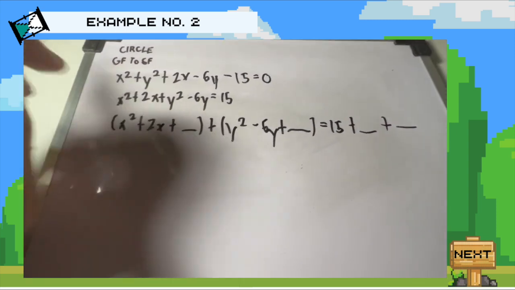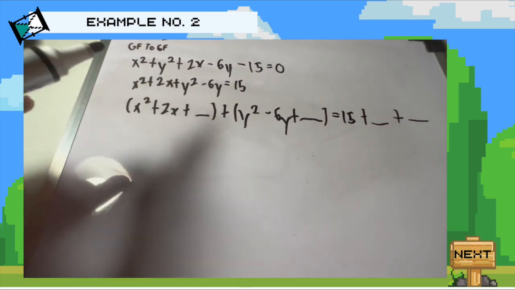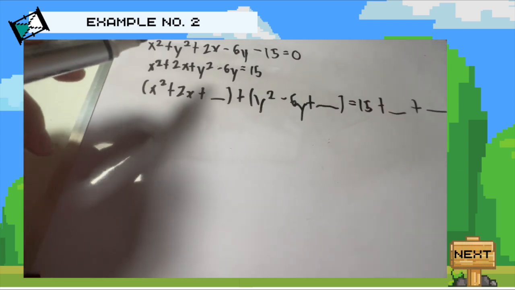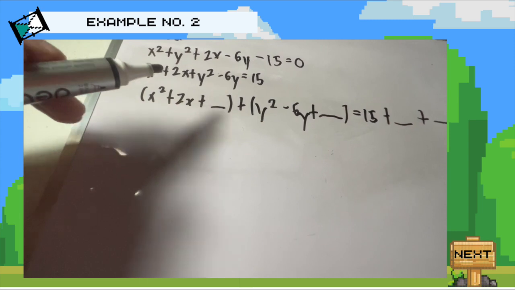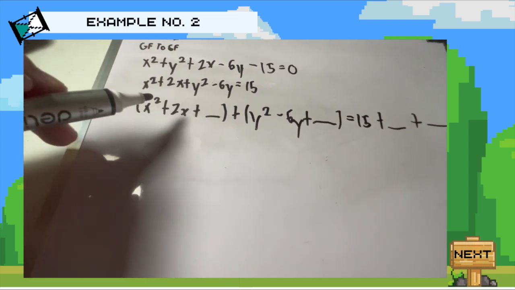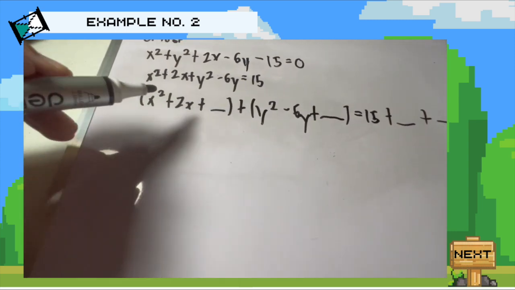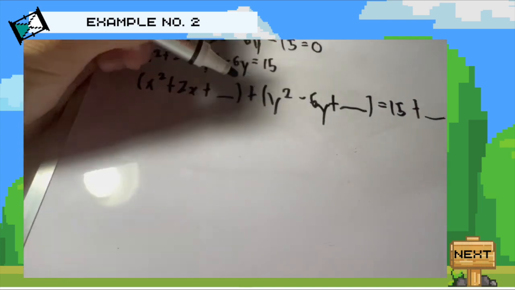So next step is to make our expression inside the parentheses a perfect square trinomial. Get the middle term of 2, divided by 2 that is 1, and 1 squared, so 1 times 1, that is positive 1.